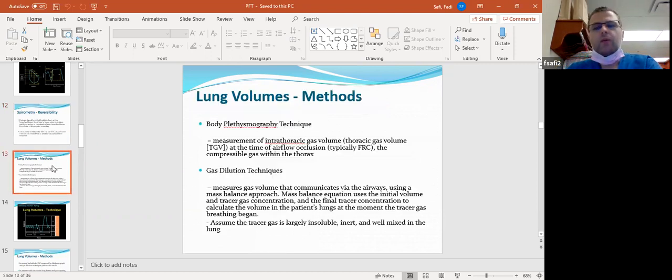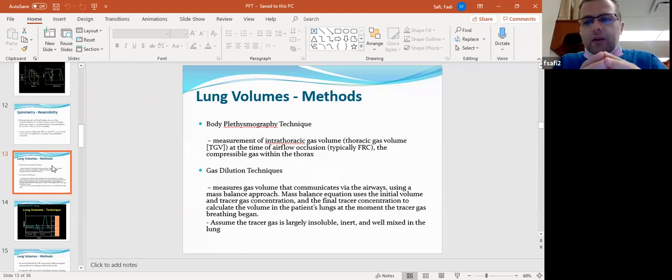So then let's move on to measuring the lung volumes. To measure them, we have something called the body plethysmography technique, or body box. It's very simple. If you remember Boyle's law from physiology, pressure times volume is always constant, whether you're outside or inside.